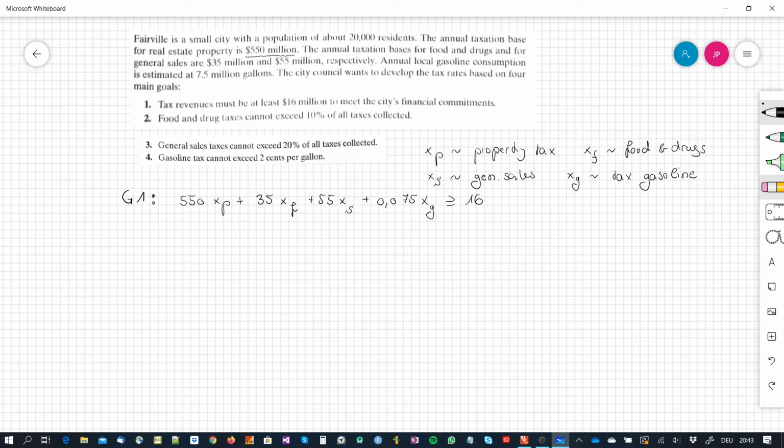Now we go to the second goal. And we have now that food and drug taxes cannot exceed 10% of all taxes collected.